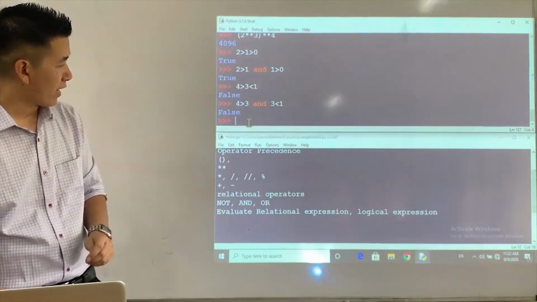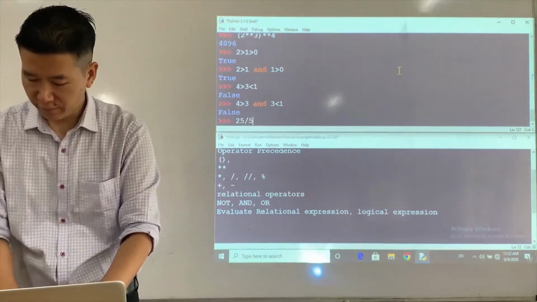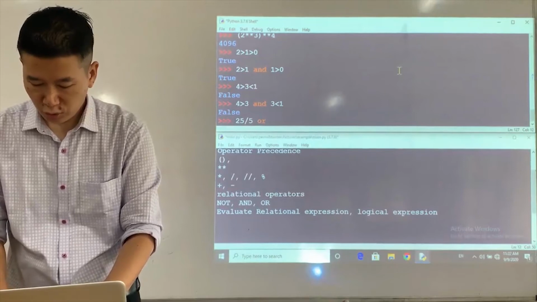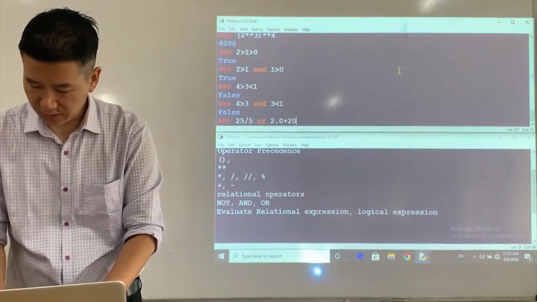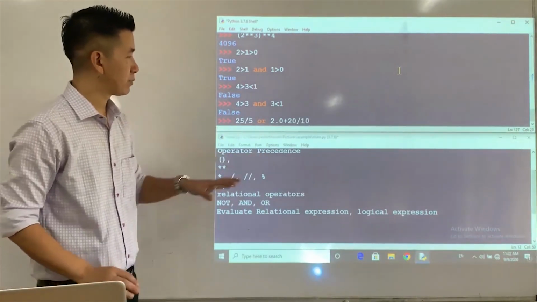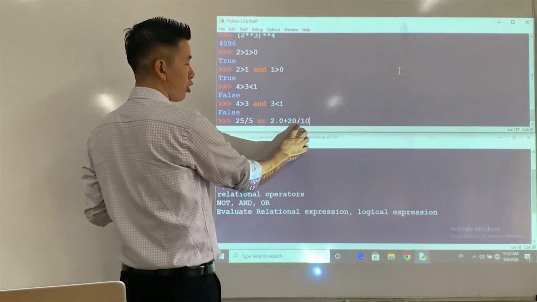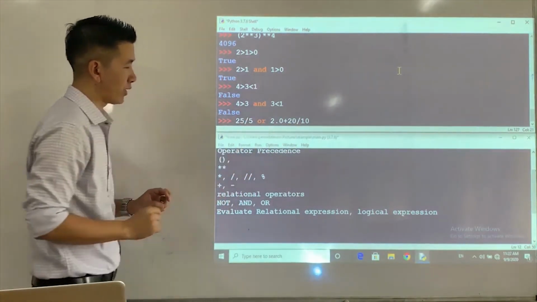Let's say I have something like 25 divided by 5 or 2.0 plus 20 divided by 10. Now you have this expression which involves the arithmetic operators, and then you have the logical operator.